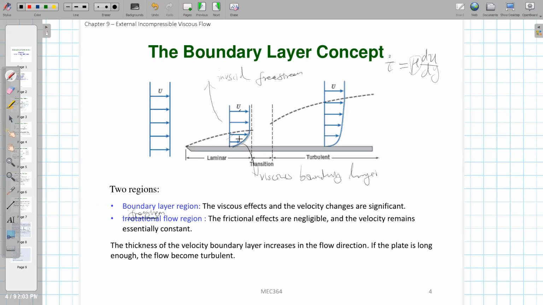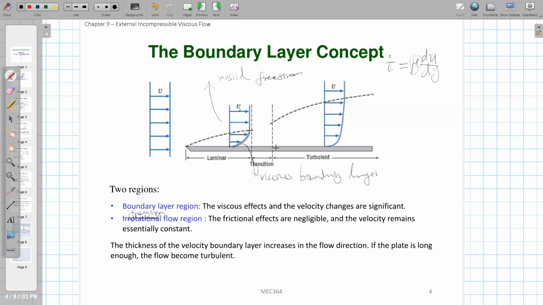So the farther along it goes, the more this effect reaches higher, because the viscous effect is transported to further regions above this plate. So the thickness of the velocity boundary layer increases in the flow direction.